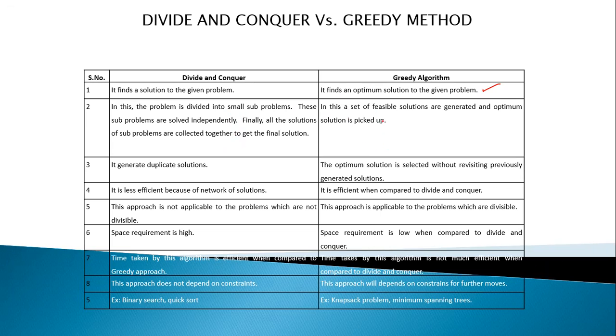In the greedy method, a set of feasible solutions are generated according to the constraints, and one of the solutions is selected as the optimal solution.